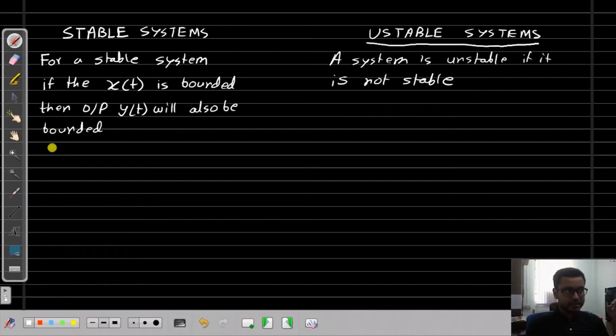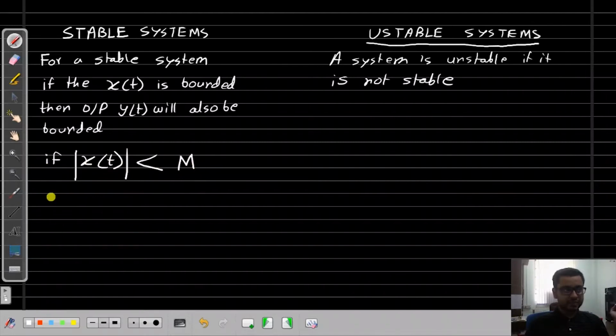Now let me define it a little more precisely, rigorously. We say that if the input x of t is bounded, that means the absolute value of x of t should be less than some number, call it m1.